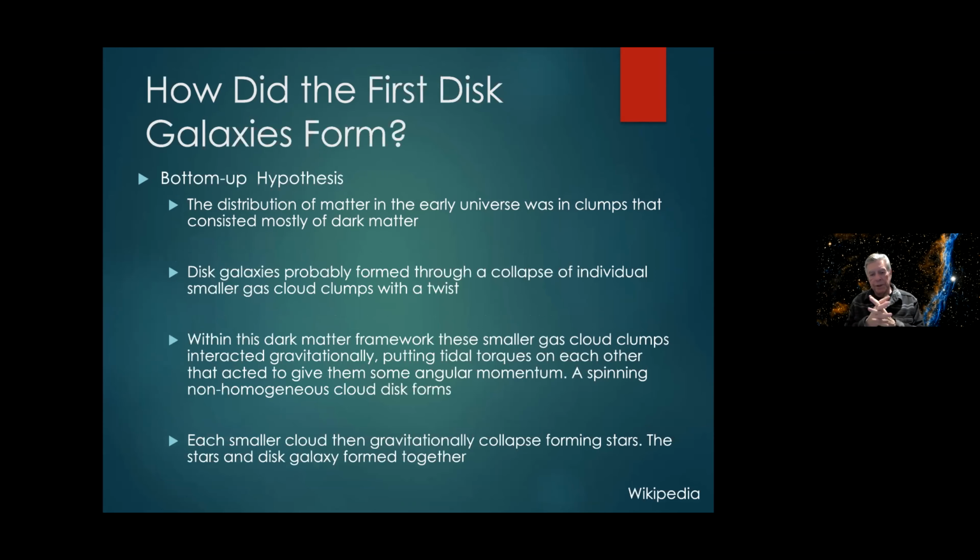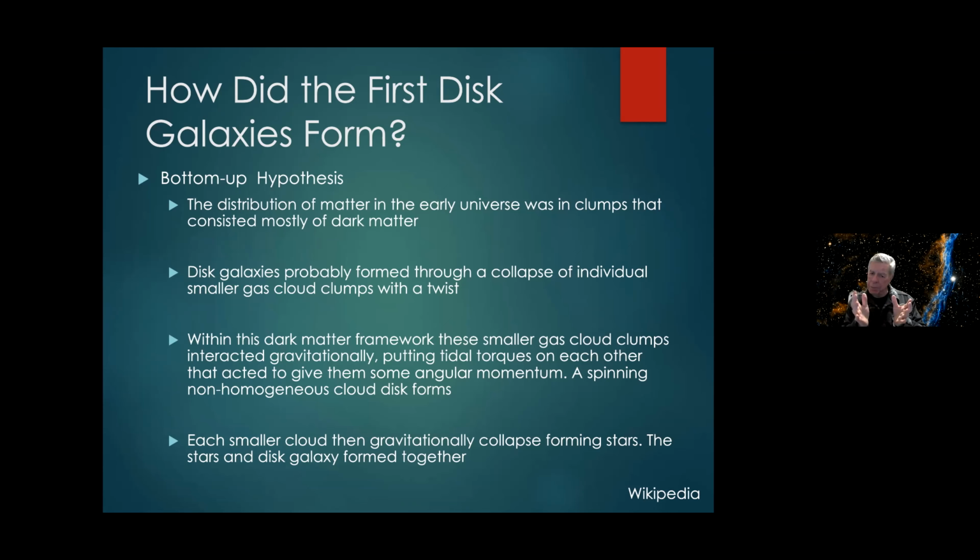Now, there are all kinds of stories out there, and there are a couple of summaries on Wikipedia. There are a lot of hypotheses flying around about how disk type galaxies are formed, and it's pretty much a variation on the theme of the irregular galaxy, with a twist. Again, we start off with the early universe being very clumpy, consisting of all of these pockets of localized dark matter.